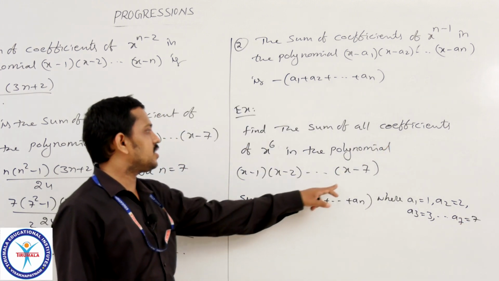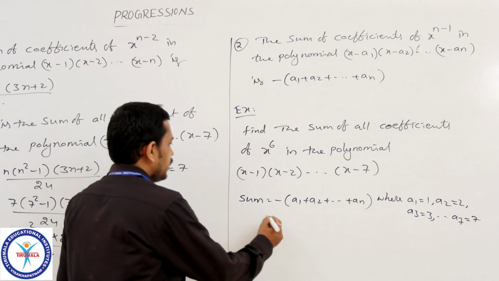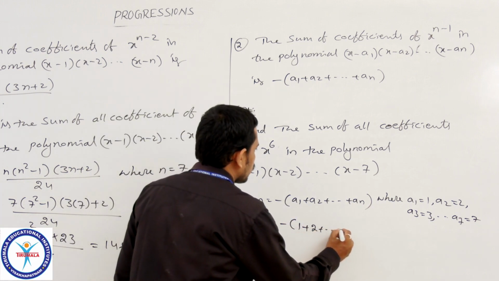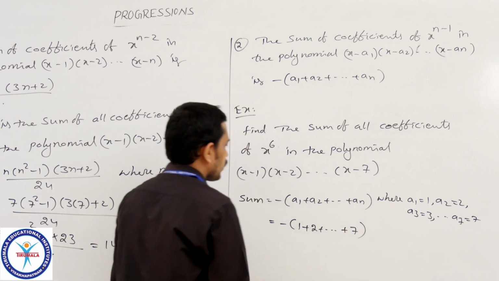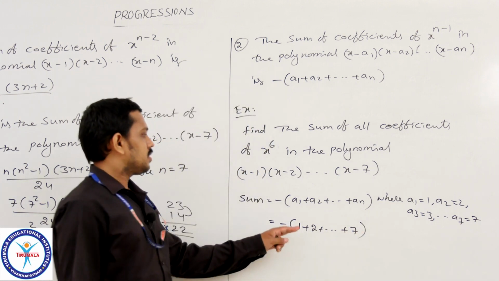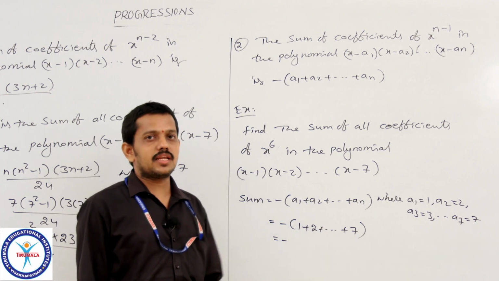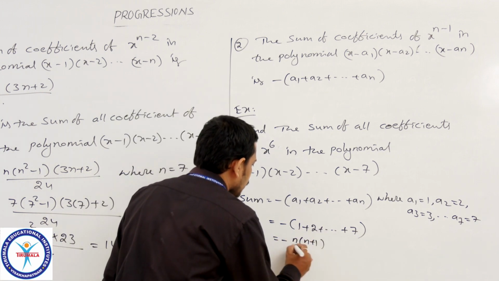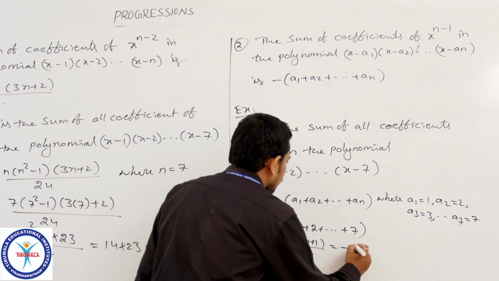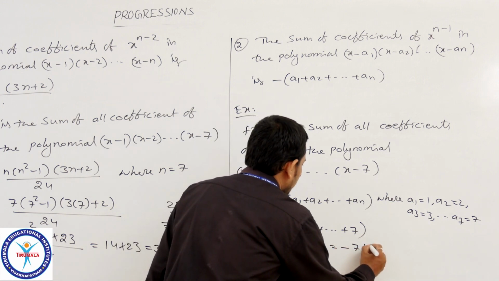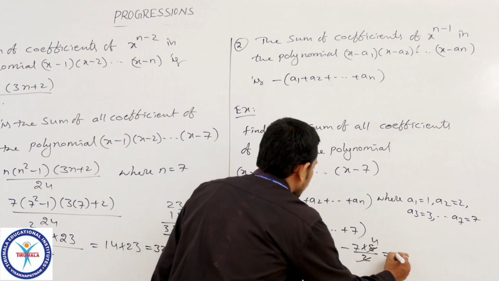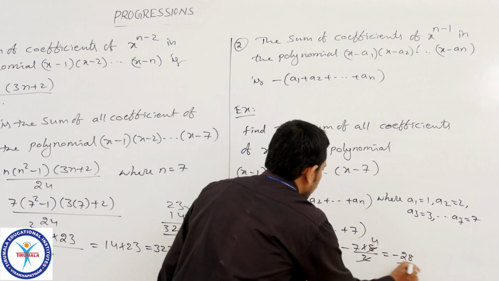Here n is equal to 7. Then the required sum is minus of (1 plus 2 plus and so on plus 7), minus of the sum of the first 7 natural numbers. So, this is equal to minus n into (n plus 1) by 2, minus 7 into (7 plus 1), 8 by 2, 2 4 times cancel, minus 28.